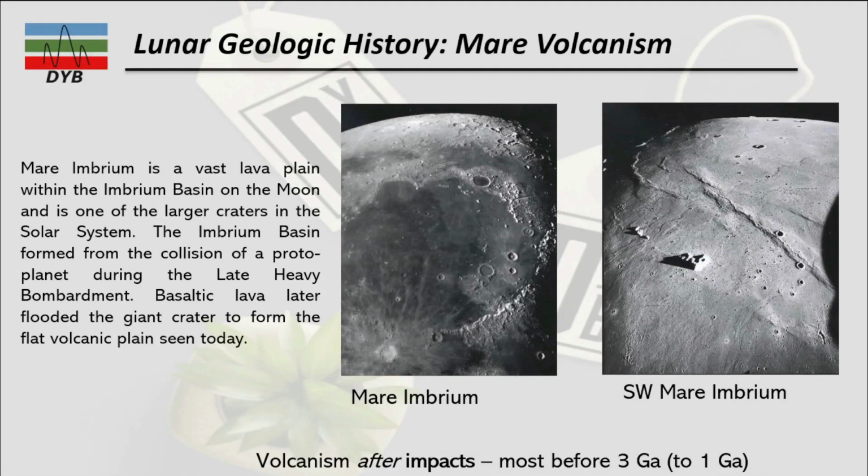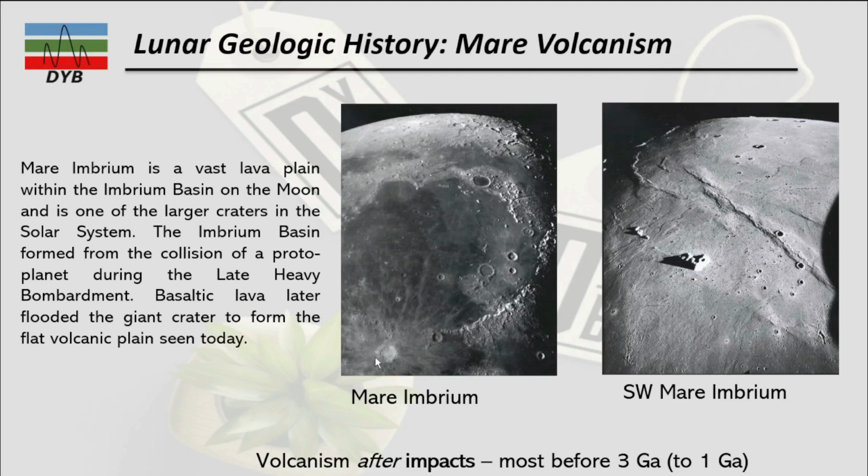There is another volcanic feature called Mare volcanism. Mare volcanism is the vast lava plain within the Imbrium Basin on the moon, and it is one of the larger craters I mentioned before, in the solar system as well. The Imbrium Basin formed from the collision of a protoplanet during the late heavy bombardment.